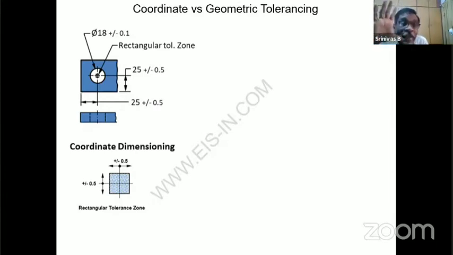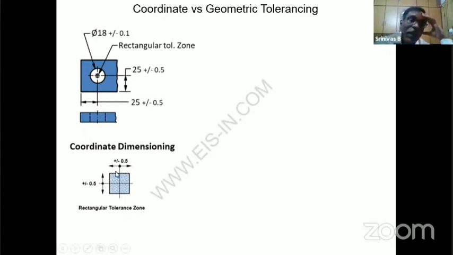But is it meaningful, sir? For a cylindrical feature, having a square tolerance, is it meaningful? How are we able to allow the hole to deviate in this direction by 0.7 and in this direction by only 0.5? Is it rational? It is not rational.